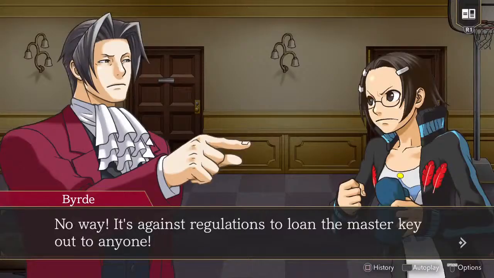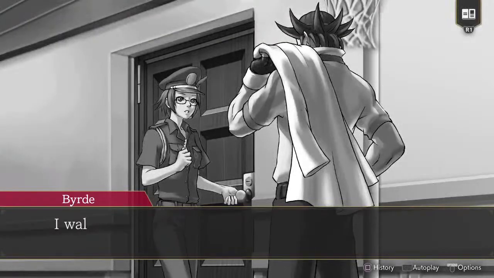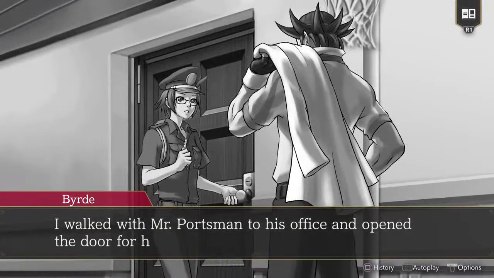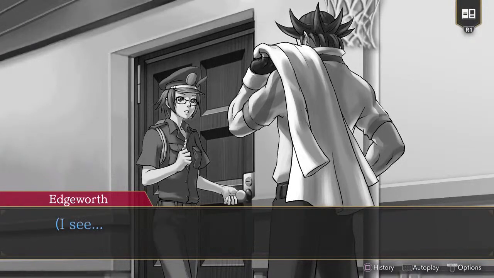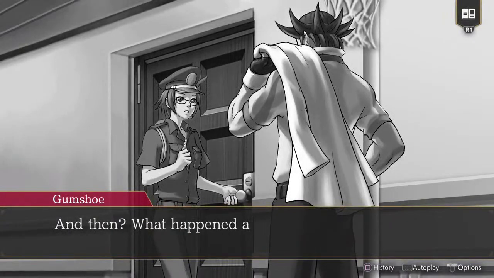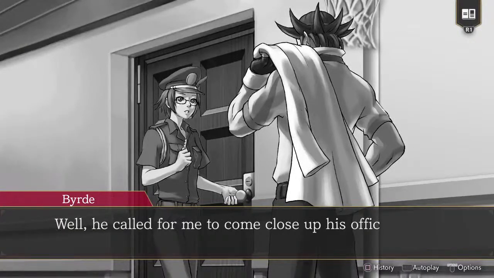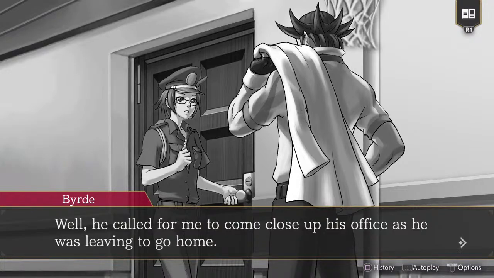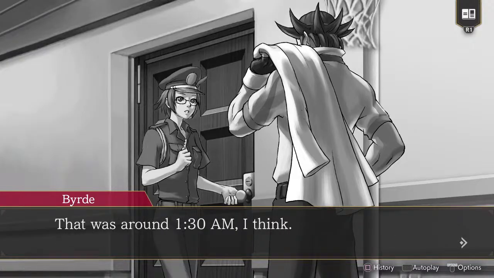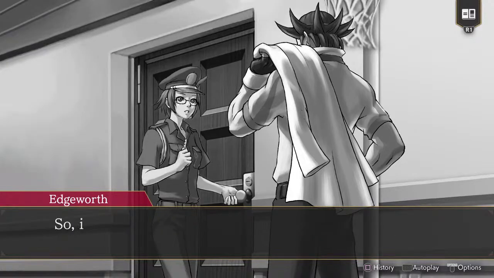No way, it's against regulations to loan the master key to anyone. I welcomed Mr. Portman to his office and opened the door for him personally, sir. And then what happened after that? 3 a.m. I think.